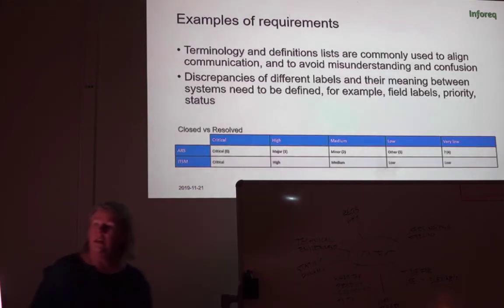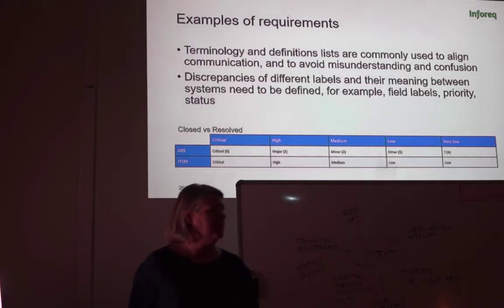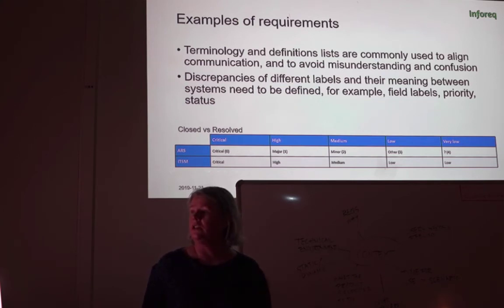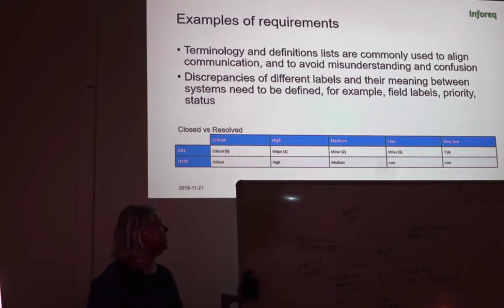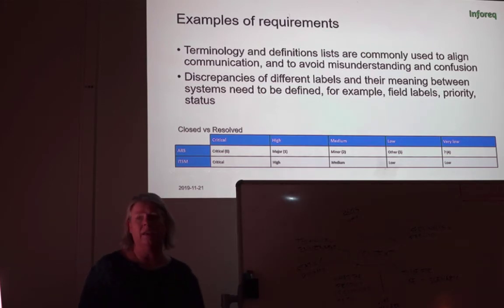And I guess you also work, like me, with a lot of definitions and terminology that needs to be aligned, so we talk the same language. And I have an example here from one of my assignments.